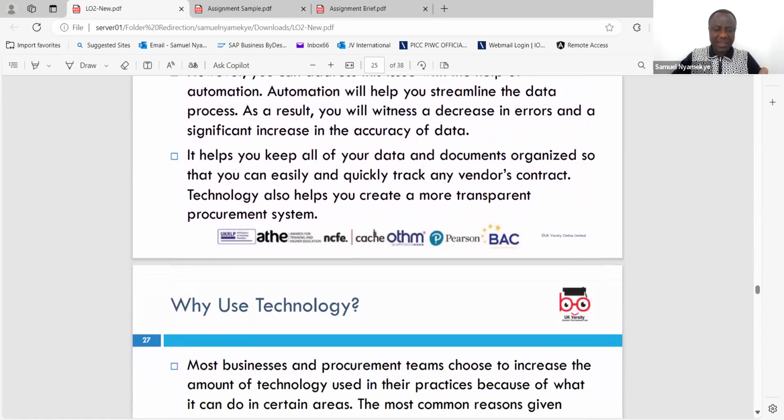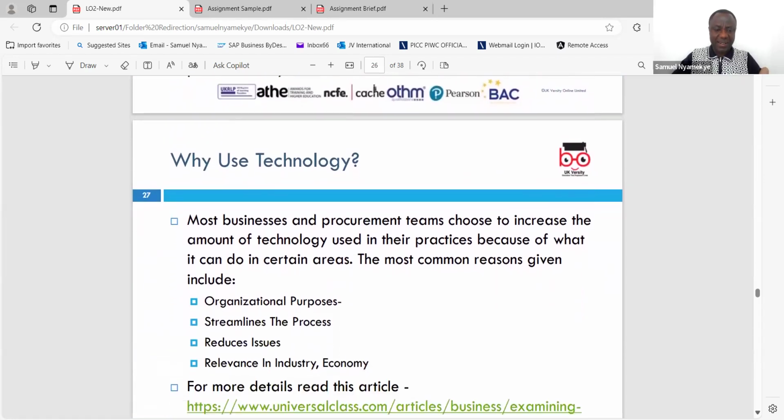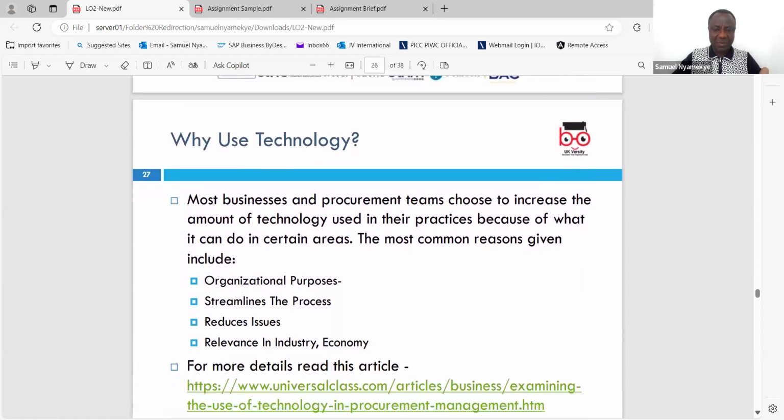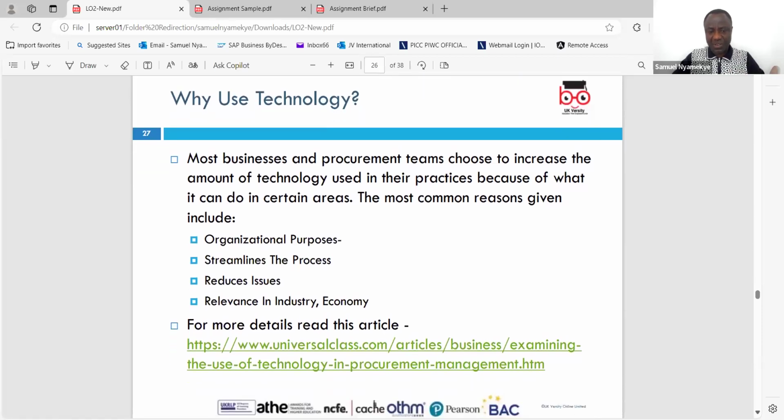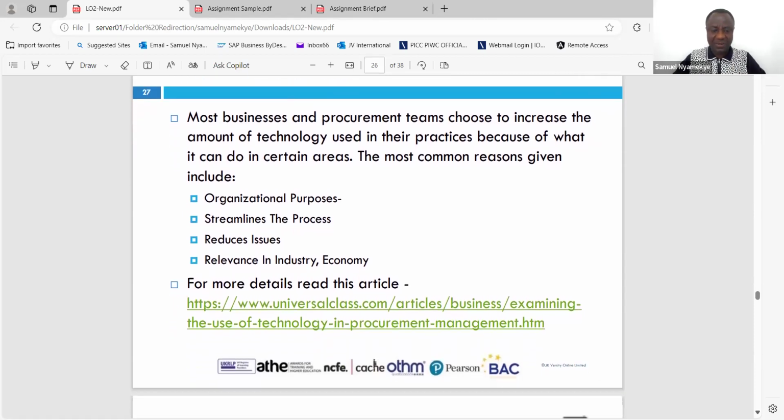There might be several other ones that you would maybe want to go through. It's able to get you very organized, streamlining the processes, and it reduces issues. It is relevant anyway, and at this time of the age it is extremely relevant.